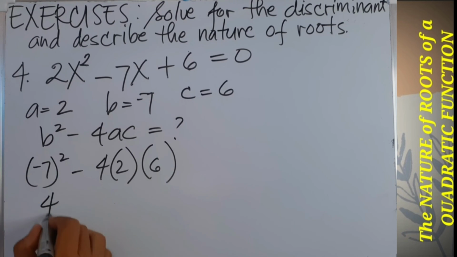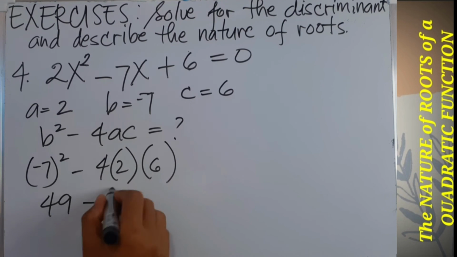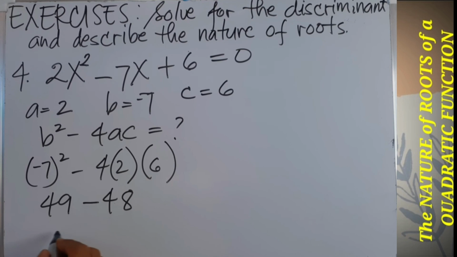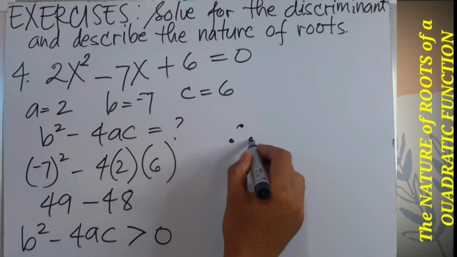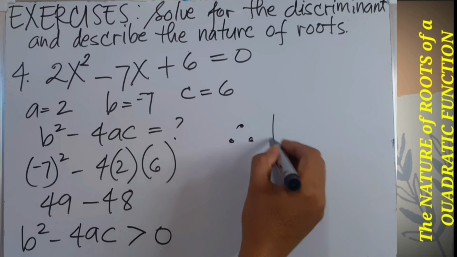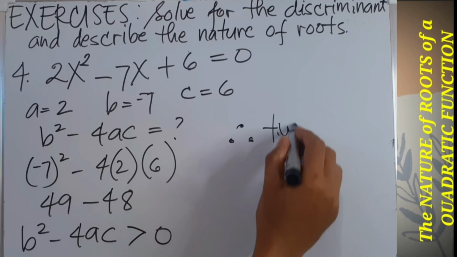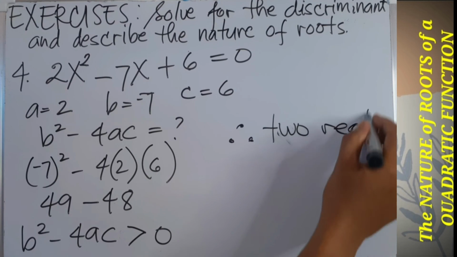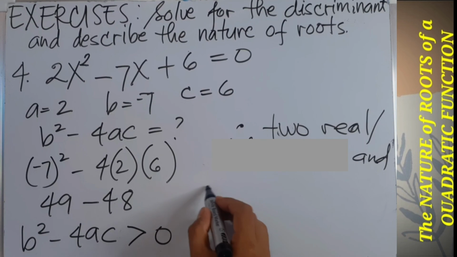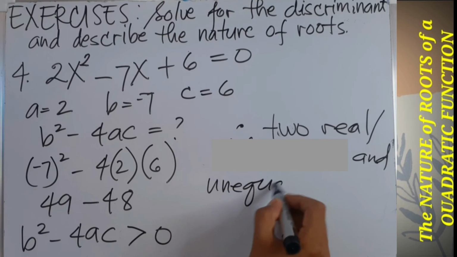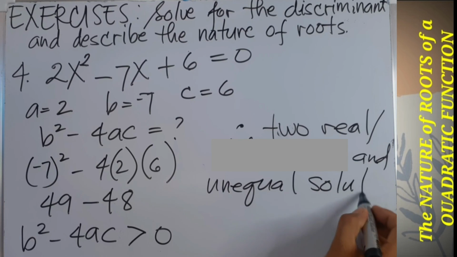Negative 7 squared is 49. 4 times 2 is 8 times 6 is 48. 49 minus 48. Therefore, our discriminant is equal to 1 or greater than 0. Therefore, the quadratic equation has two real and unequal solutions.